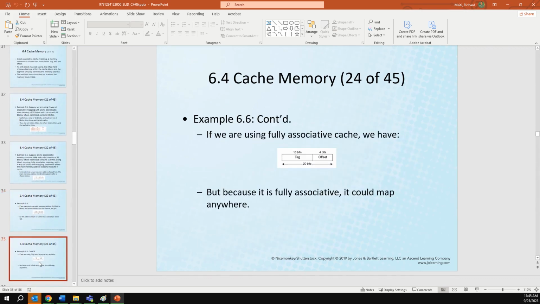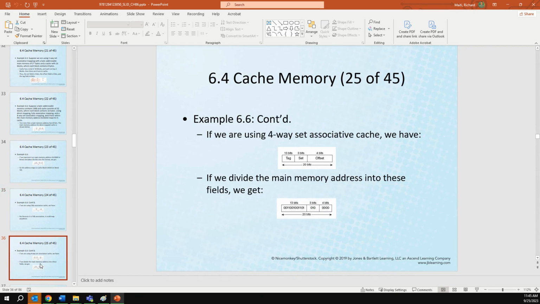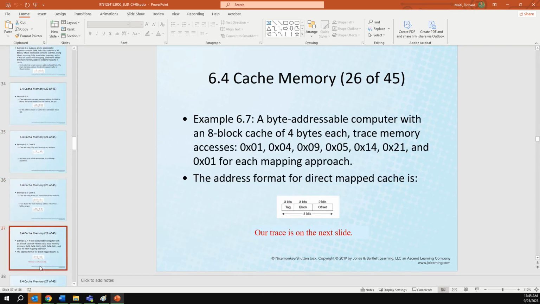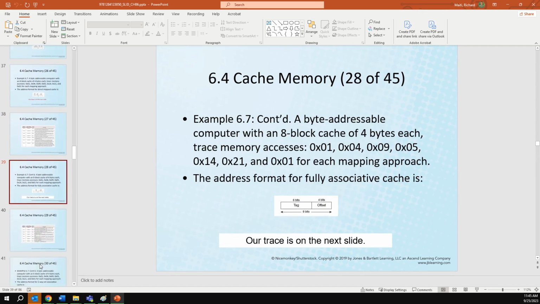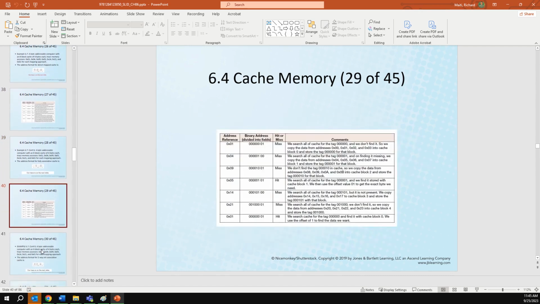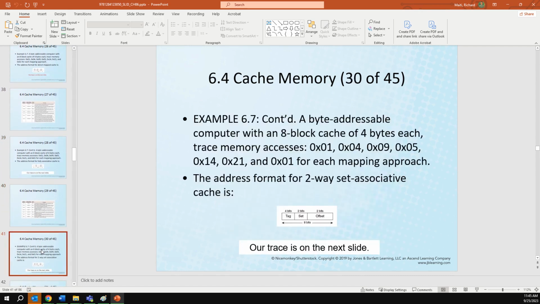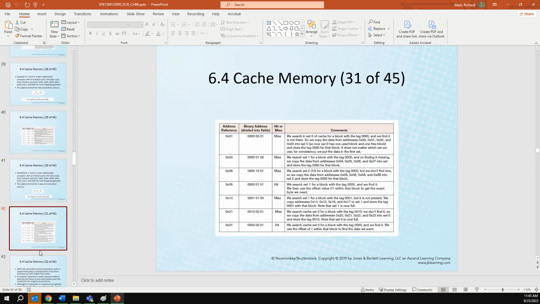I'm not going to go through every single example, but you can look at these examples on your own time on the slide. So there's plenty of examples here. So here are different address references, binary address, hit or miss, and it has these comments here of what's going on.